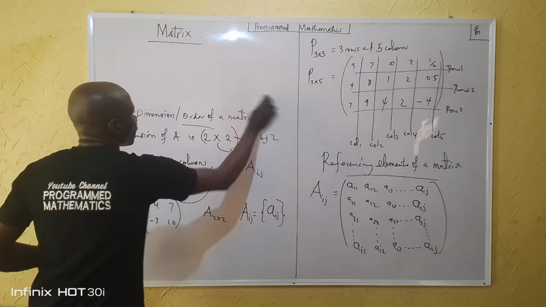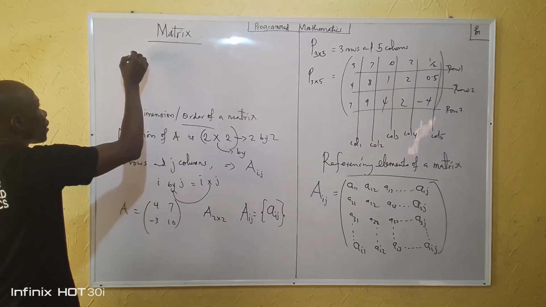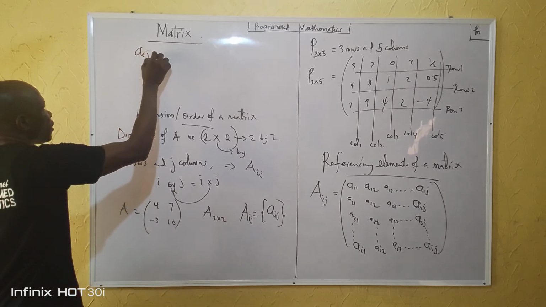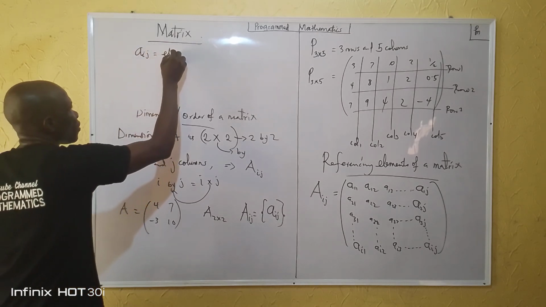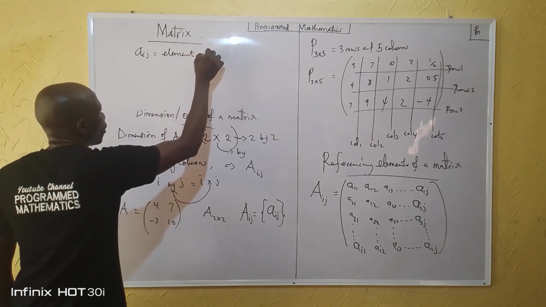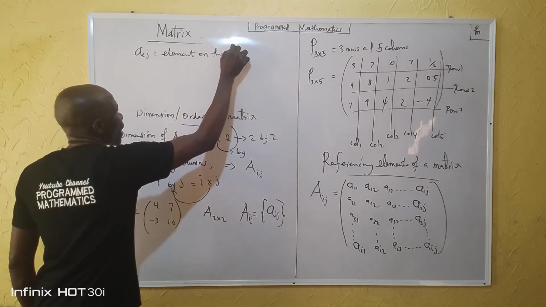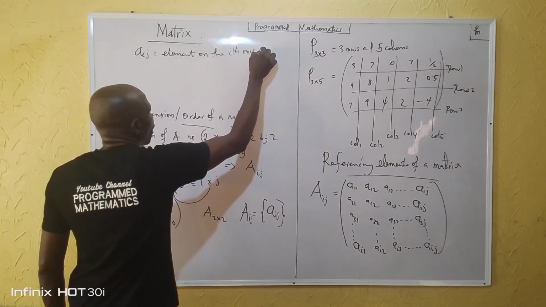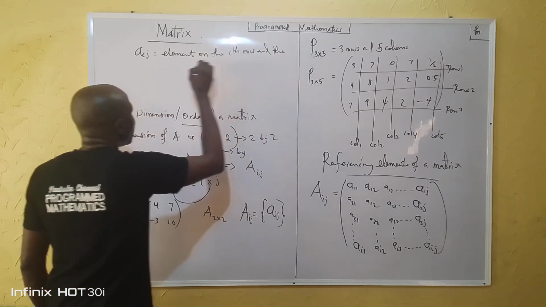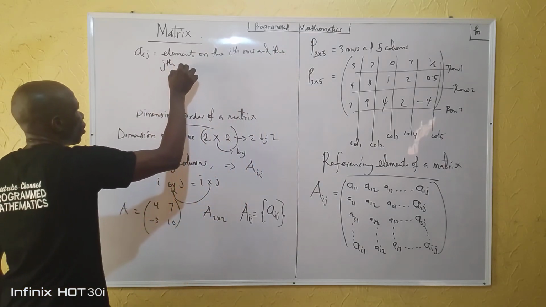So what that means is this: if I write aij, this is saying the element on the ith row and the jth column.